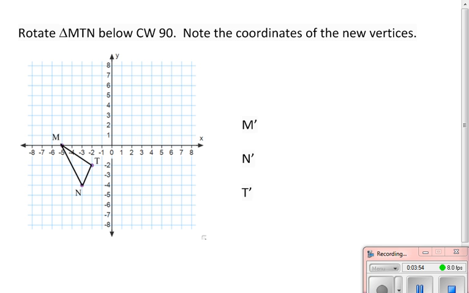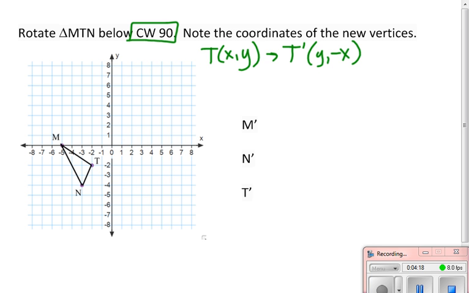So rotate MTN clockwise 90. Okay, so our clockwise 90 rule says, make sure you grab the correct rule, is (y, opposite of x).